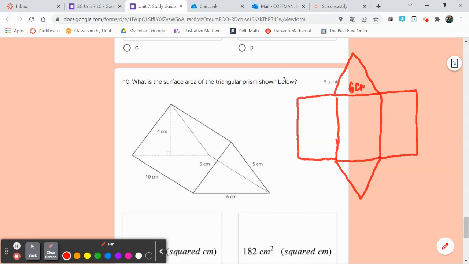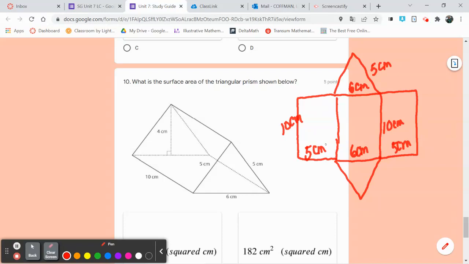6 centimeters. We've got a 5 here. These are 10. Okay, I mean, it's whatever works for you, all right? 6 centimeters, 5 centimeters, 10 centimeters, 5 centimeters.